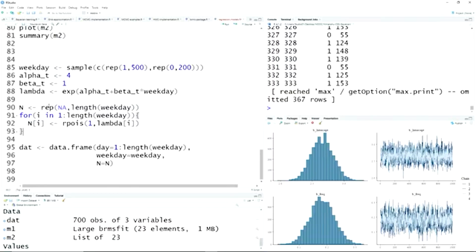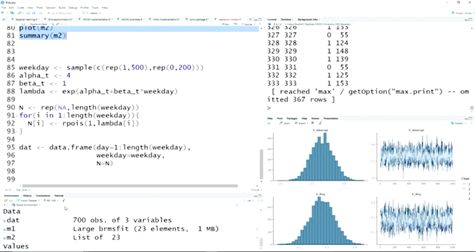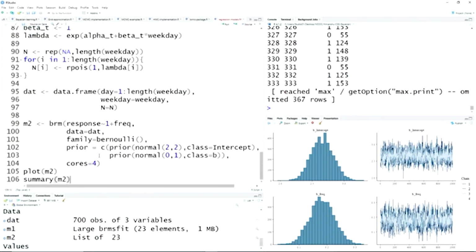Now what we can do, we can fit this using BRMS. So we will test the effect of weekday versus weekends on the rate of accidents.